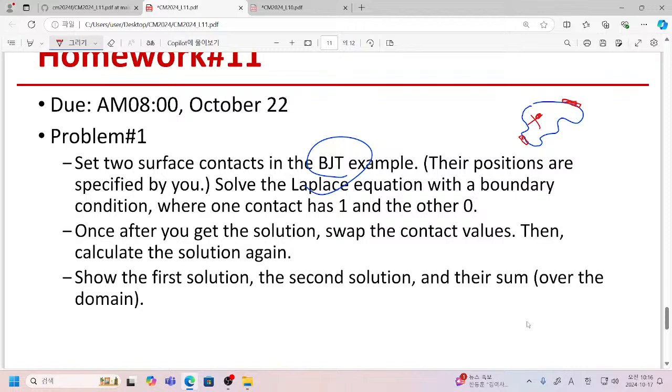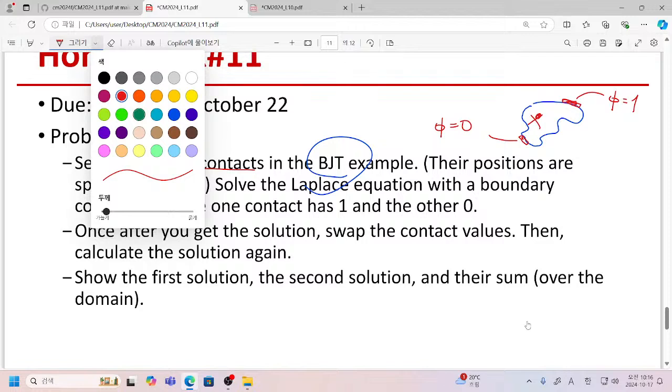And please assign 2 surface contacts and set one of them as phi equal to 1 and set the other phi equal to 0. Then you will get the solution. Just draw it. And once you draw it, the next task is to swap the values.